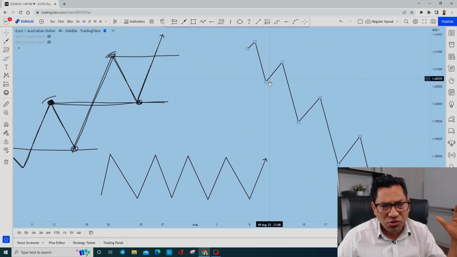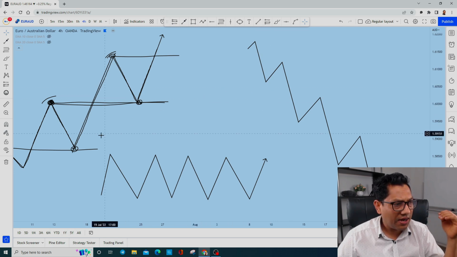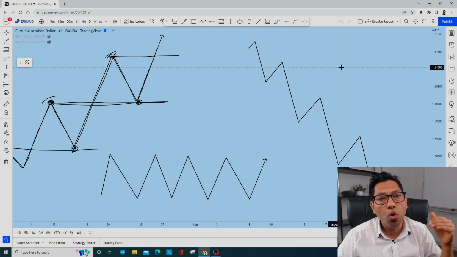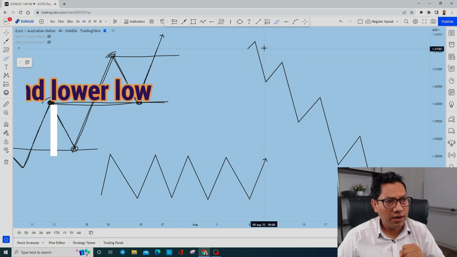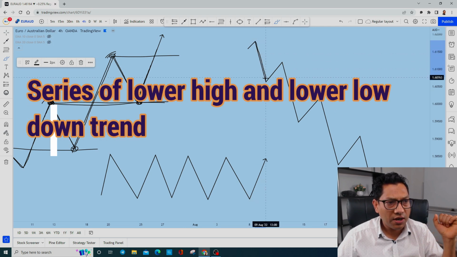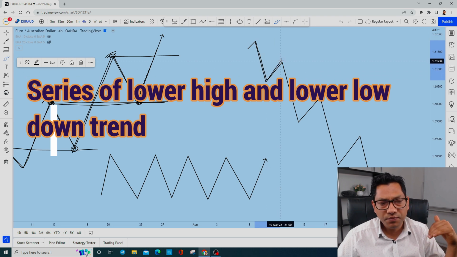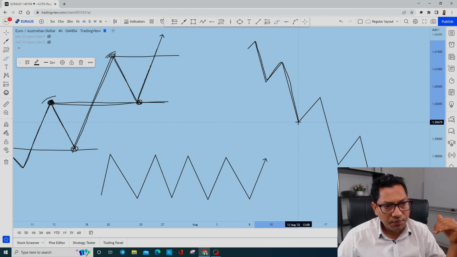Now if you see that a market, rather than creating a higher high, is creating a lower high and a lower low, let's say this one, you see the market dropped, then a retracement, and another drop and a retracement.